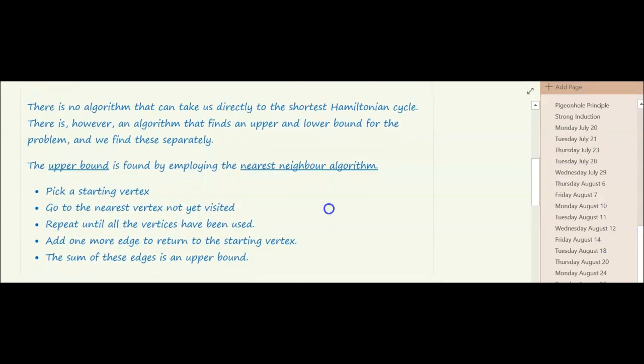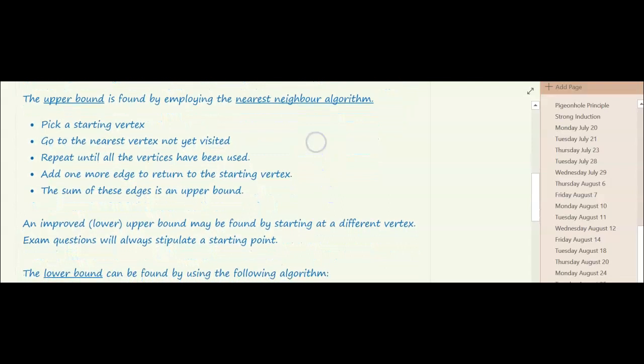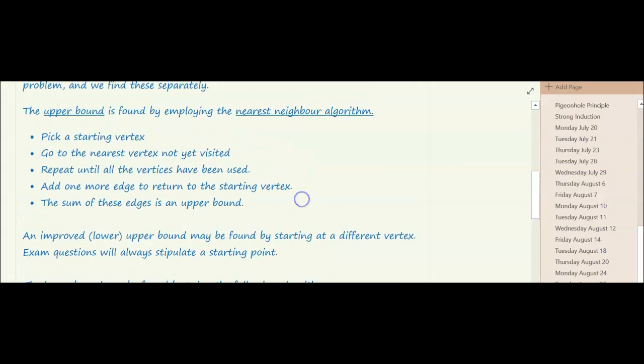To find the upper bound, this is our algorithm here: pick a starting vertex, and so on. We'll go through this with an example. The upper bound is essentially a nearest neighbour algorithm, and we'll go through that in a sec.